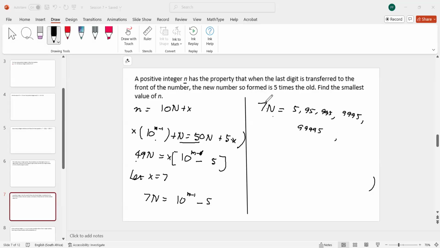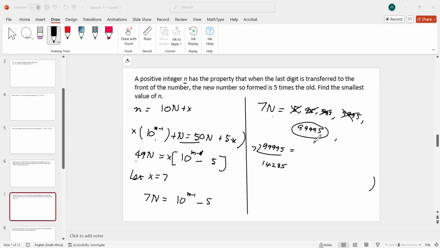Now, 7n, so this number here must be a multiple of 7. This is out. When you try to divide this by 7, it's not a multiple, not a multiple, not a multiple. But here, I think you have 4 nines. When you divide this by 7, you get 1, 4, 2, 8, 5. It goes exactly. So this is the smallest number that you have on the side.